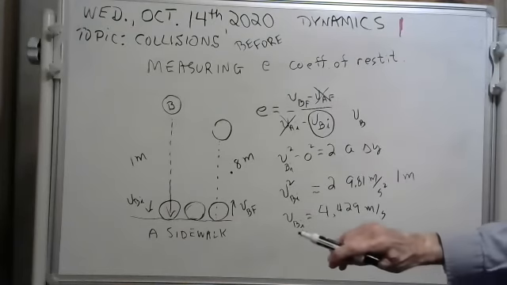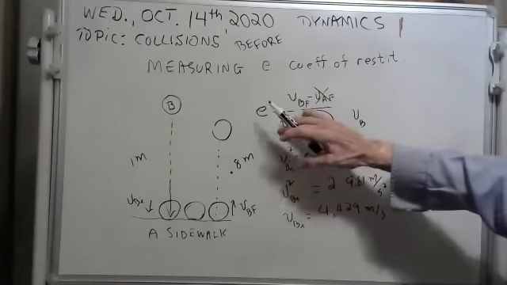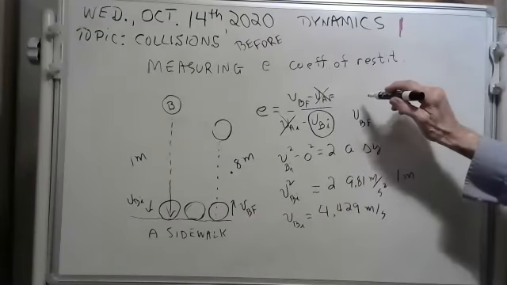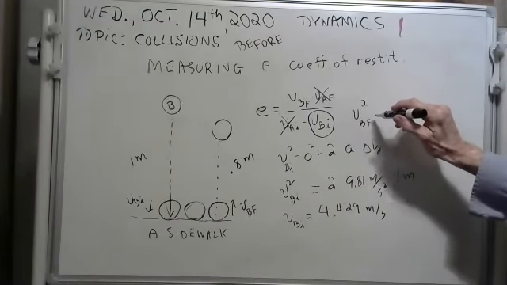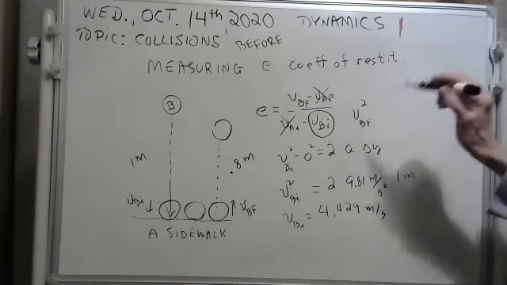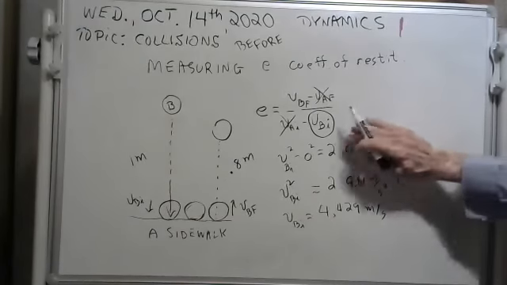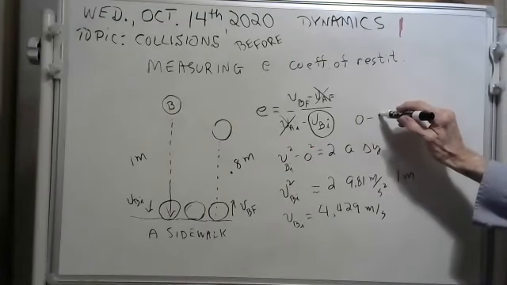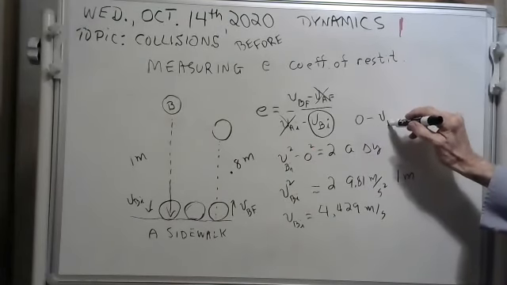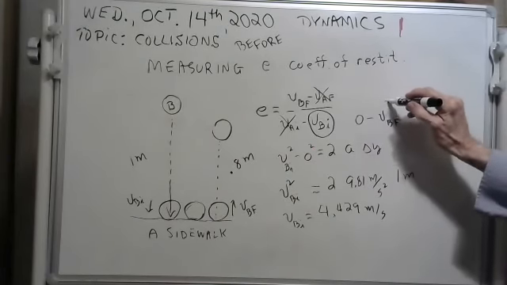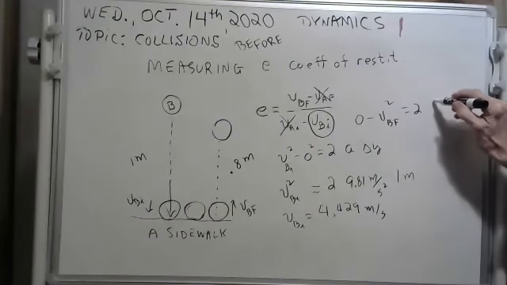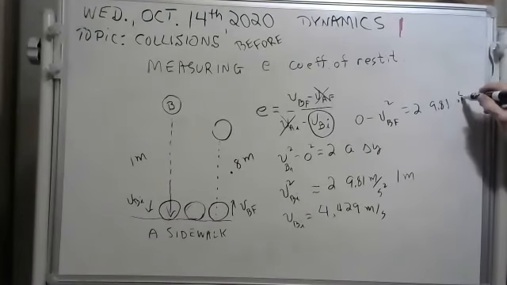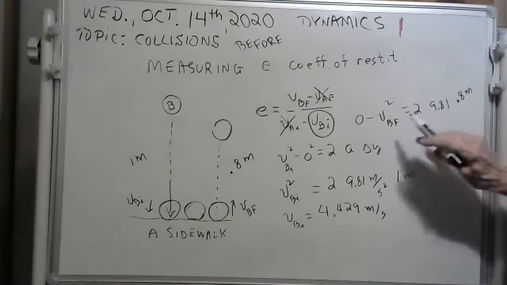What we're after now is the final velocity of the ball immediately after collision squared. I got it backwards. The velocity up here is 0 when it stops, minus the velocity of the ball right after the collision squared, is equal to 2 times 9.81 times 0.8 meters.